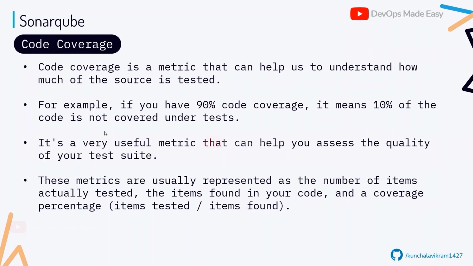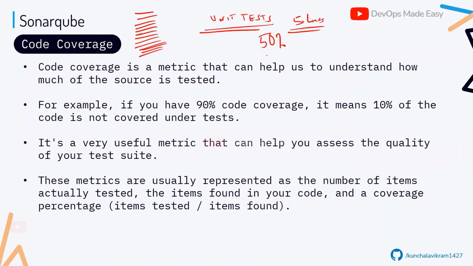Let's say I have 100 lines of source code, but whatever unit test cases I have written only cover 50 lines. That means my code coverage is only 50 percent. That means someone wrote limited test cases.